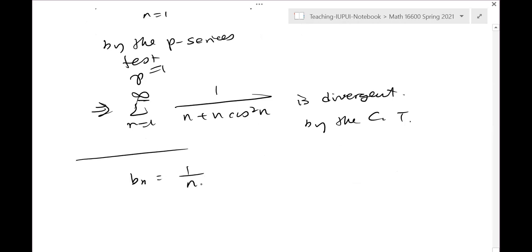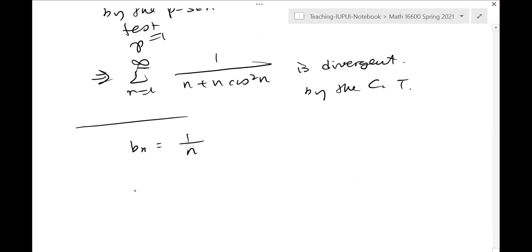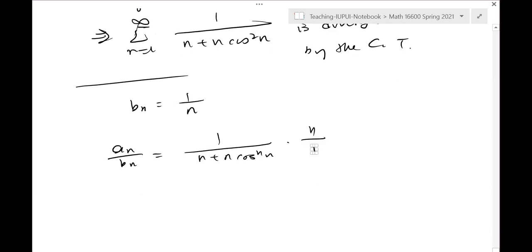Okay, so b_n equals 1 over n, right? Then look at a_n over b_n. a_n over b_n is n over n plus n cosine squared n, times n over 1, right? And after you simplify, you will get 1 over 1 plus cosine squared n. And this one, the limit doesn't exist.